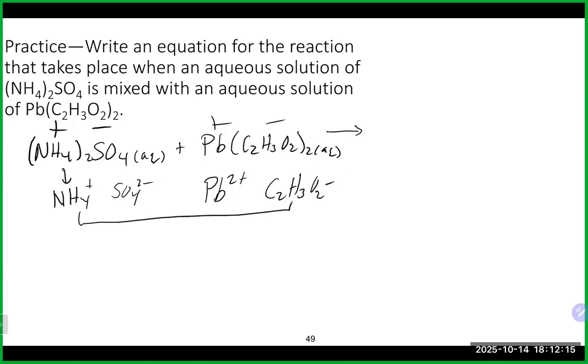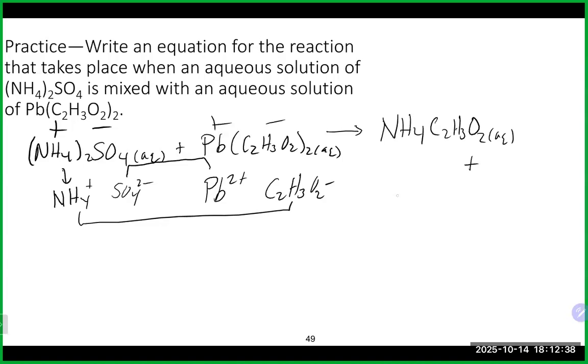So now when we switch our partners around, we want to make sure we get our proper formulas first. We are putting -1 and +1 together, which will give us NH4C2H3O2. And that will also be aqueous, as ammonium, again, is soluble in everything, along with our acetate.